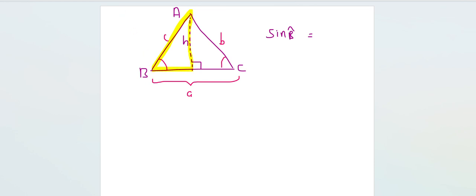So sine of angle B is opposite, which is H, over hypotenuse, which is C. By cross multiplying, it clearly shows that H is equal to C multiplied by the sine of angle B. We can call it equation number 1.